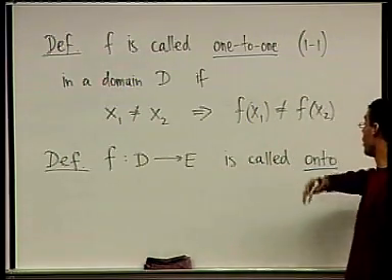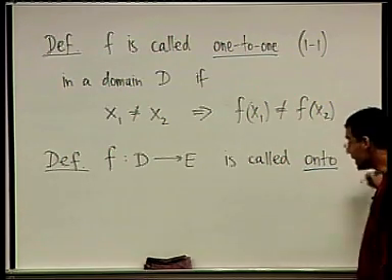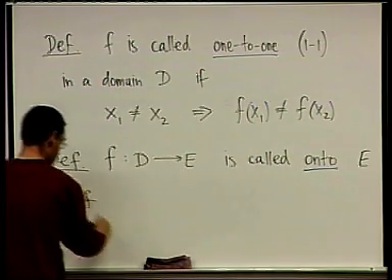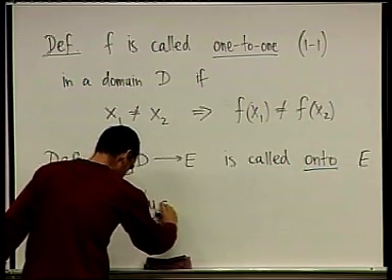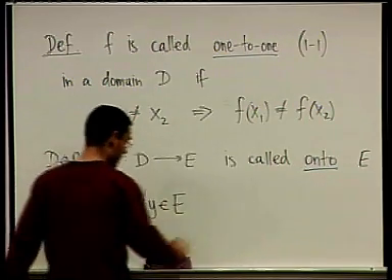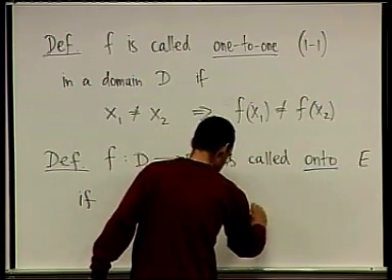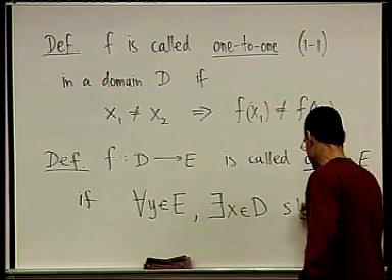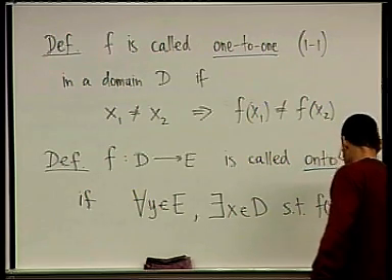It's called onto the range, and sometimes onto E, if for any y in E there exists an x in D such that f of x equals y.